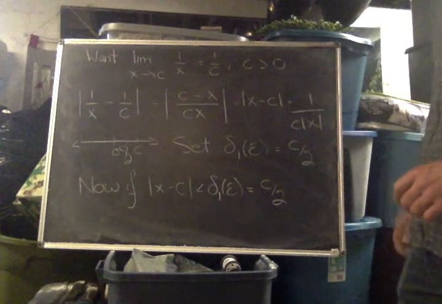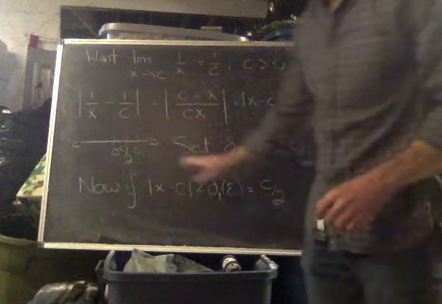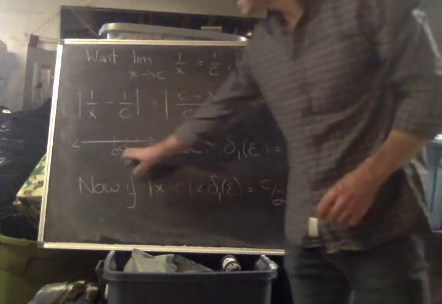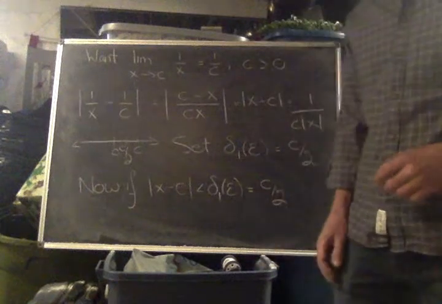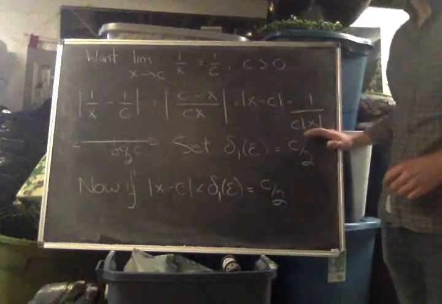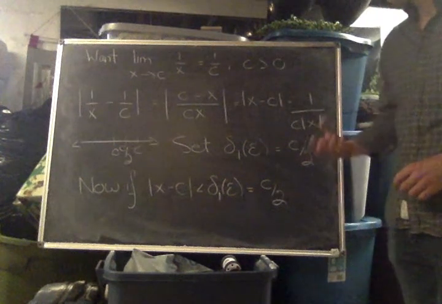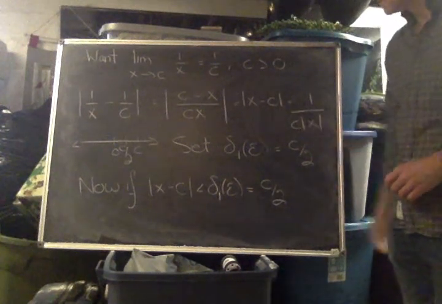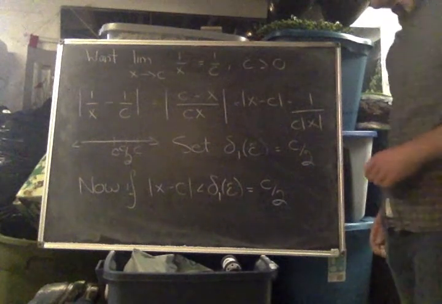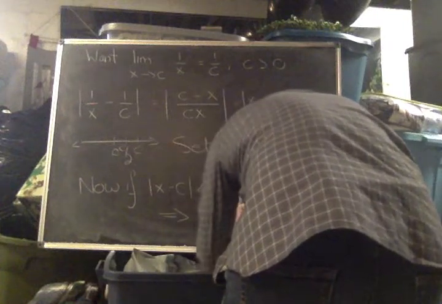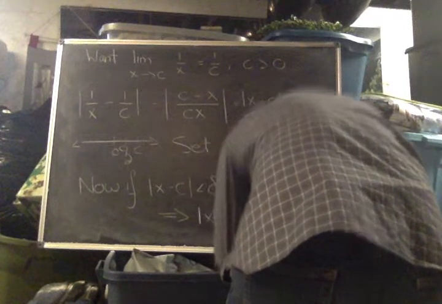So first of all, it will tell us that x has to be somewhere in the little neighborhood of width c over 2 around c, so x has definitely got to be positive, so you don't even really need these absolute value bars. But the other thing it tells you is that the absolute smallest this absolute value can be is c over 2. So this implies the absolute value of x is greater than c over 2.